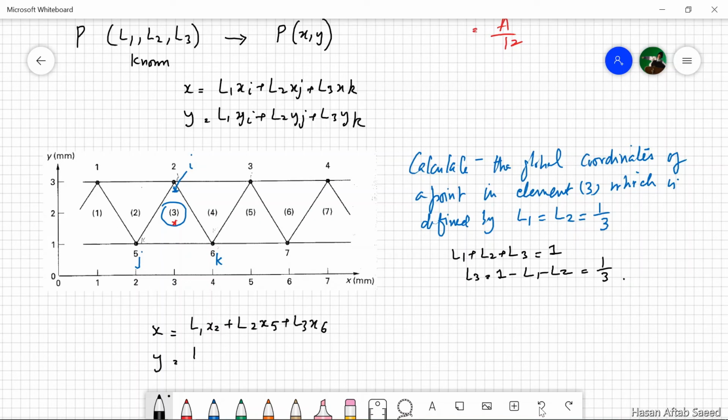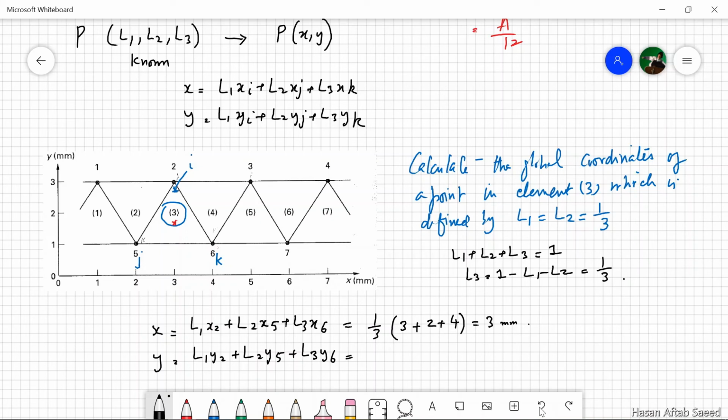Similarly, y coordinate L1 y2 plus L2 y5 plus L3 y6. Putting in the values, all the L1, L2, and L3 are 1 over 3, so we can take it common. Now, x2 is 3, x5 is 2, and x6 is 4. So this gives us 3 millimeters, which is very obvious. This is 3, it has to be.